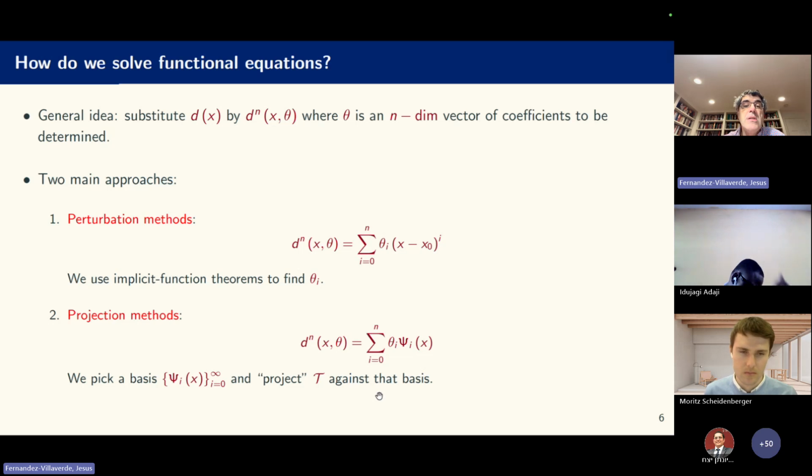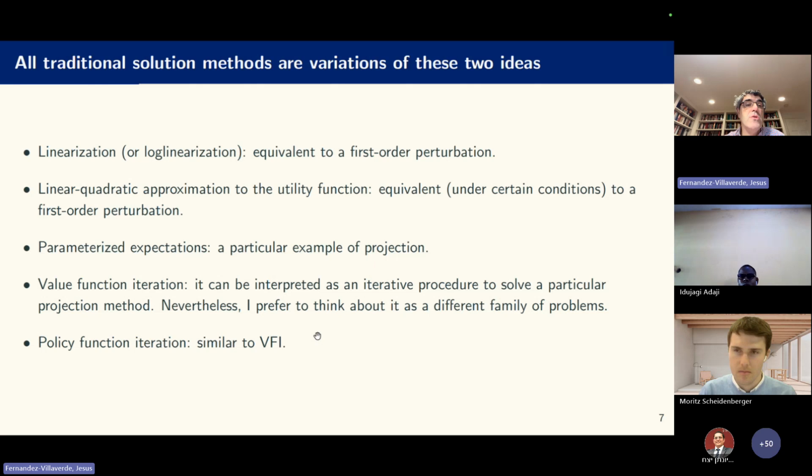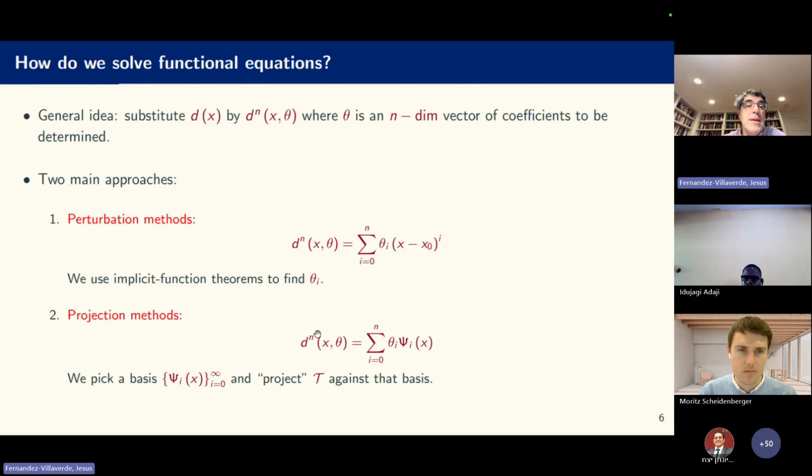Every single solution method that you know is a variation of either perturbation or projection methods. So for instance, all of you have heard about linearization or log linearization. Well, it's just a perturbation method where n over here is equal to 1.